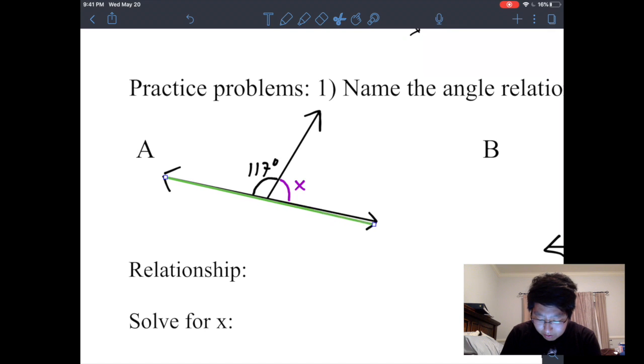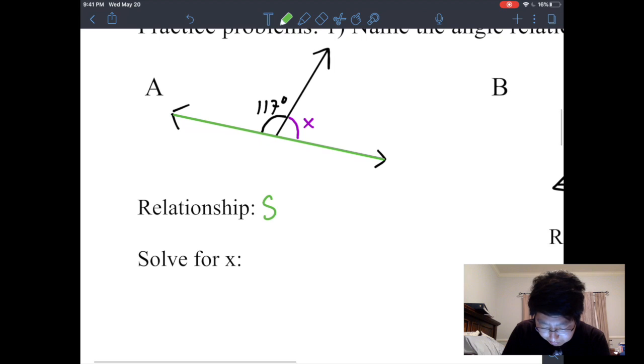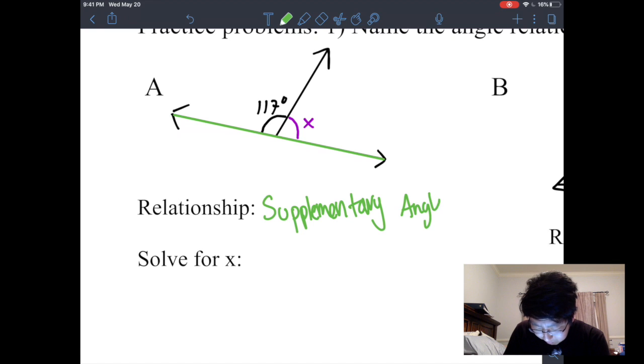So under the relationship, I'm going to say that they're supplementary angles. That's saying that these two angles have a relationship: when you add them together, they're going to equal 180 degrees.